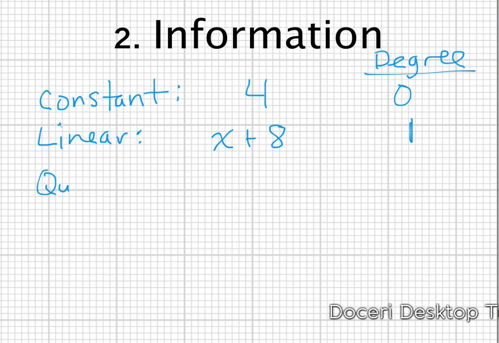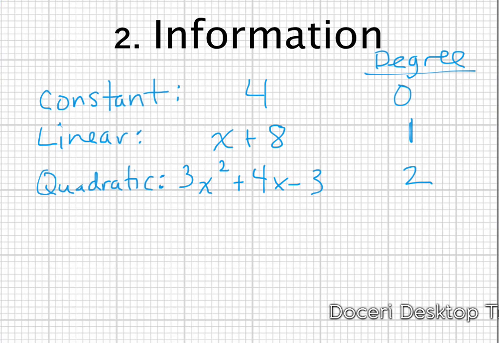The next would be a quadratic. You're telling yourself, quad means 4, so why isn't it 4? An example would be 3x squared plus 4x minus 3. This is of degree 2. So you're saying, why is it degree 2 and called a quadratic? Well, it's called a quadratic because it's to the second power, which means I am a square.